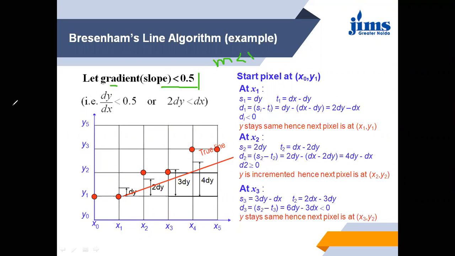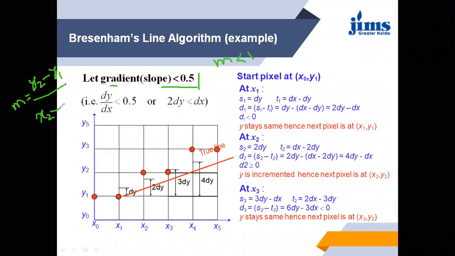When we are trying to find the value of m, we discussed that m is equal to y2 minus y1 upon x2 minus x1, sorry, I am extremely sorry.